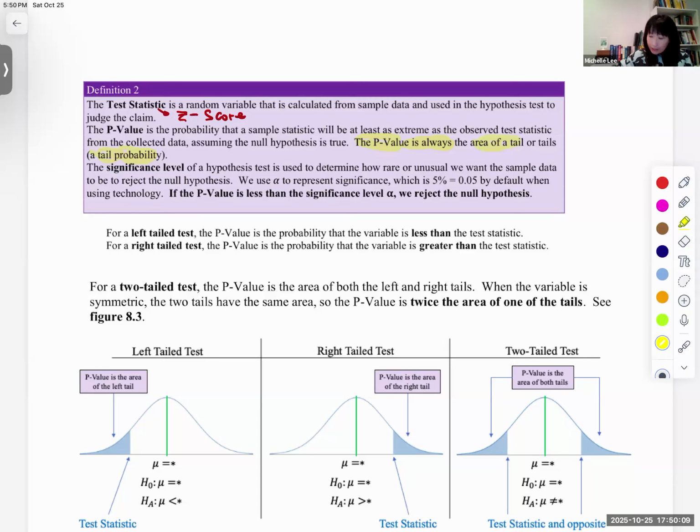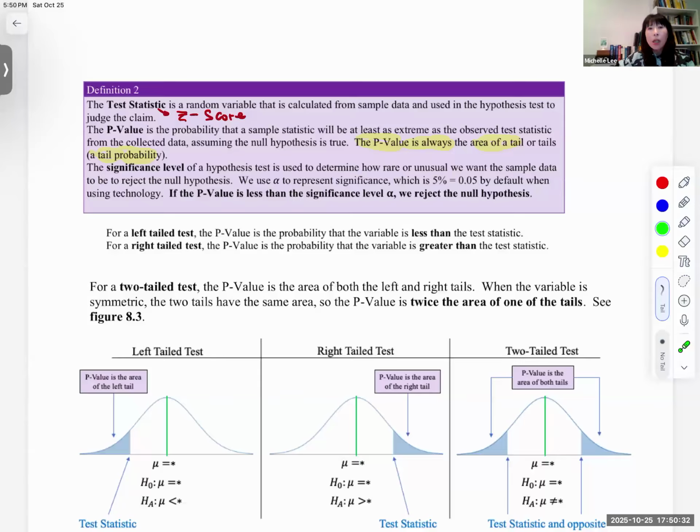All right, so we have a significance level of a hypothesis test, which is used to determine how rare or unusual something is. So what probability are we talking about? Unusual is less than 5%, which is 0.05, right?